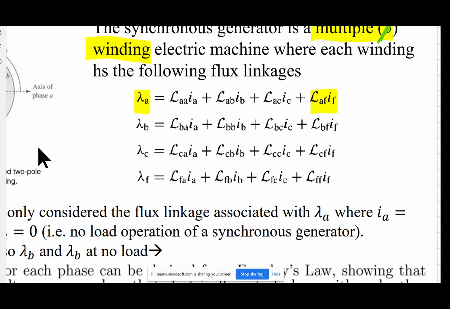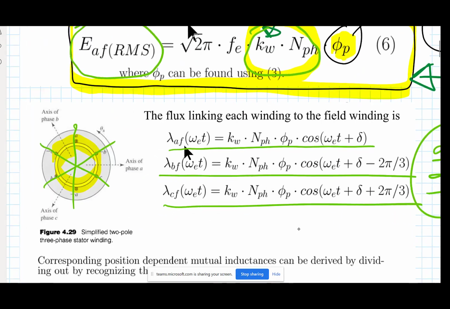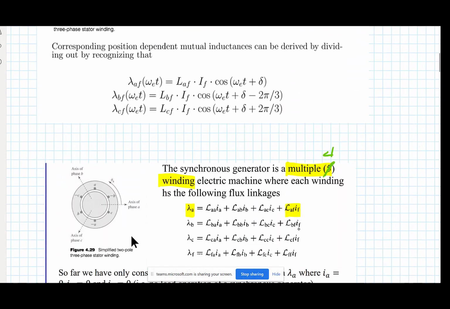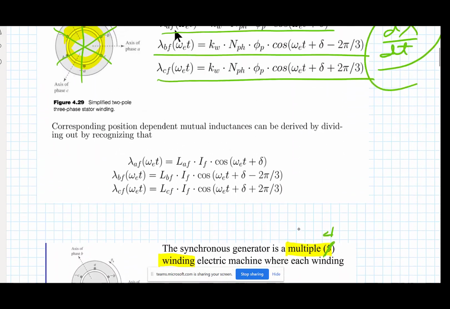And that's where we get this expression here. Okay, so that E_AF RMS is derived from that flux linkage. And this is actually the open circuit voltage that you measure in the lab. And it would be the same from an RMS standpoint on every phase.